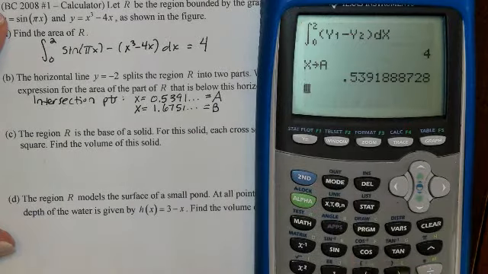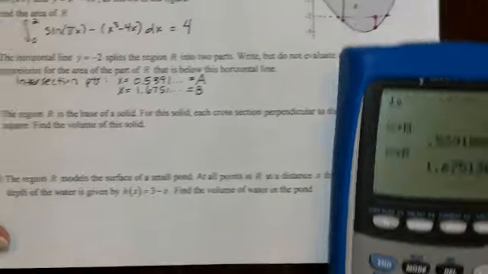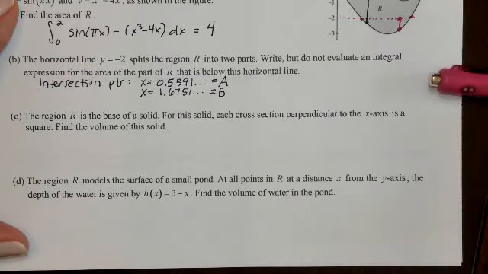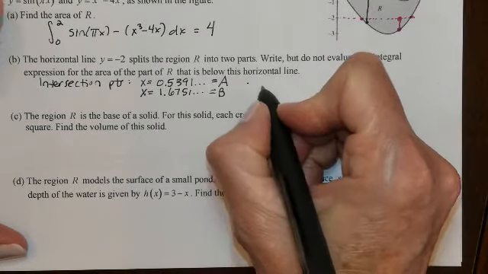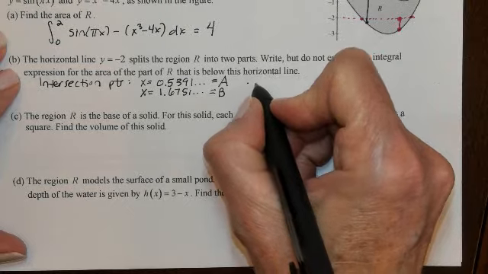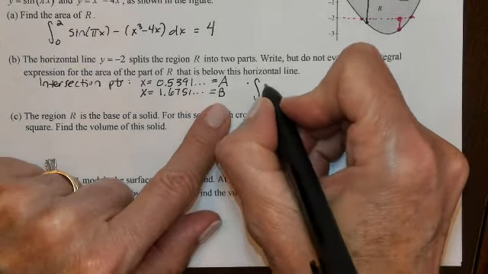So back to my home screen. Now X is something else. It's that new number, and we're going to store that in for B. And now I won't lose that until I change it. Okay? Alright, so this says write but do not evaluate the integral expression for the area. The integral expression will be integral a to b.